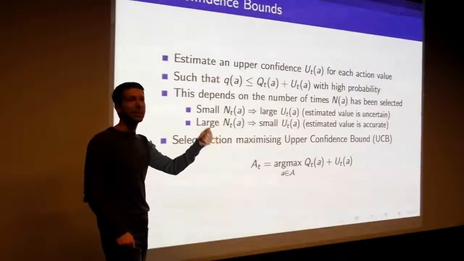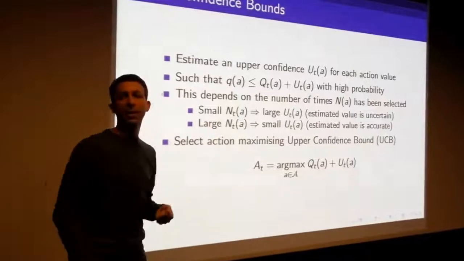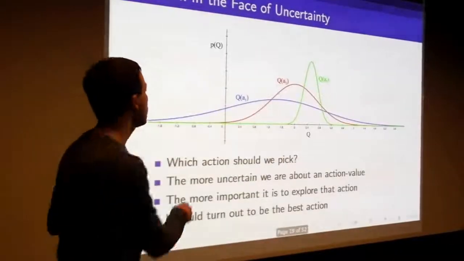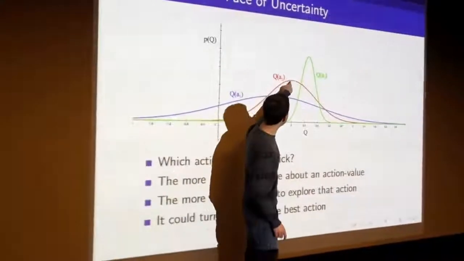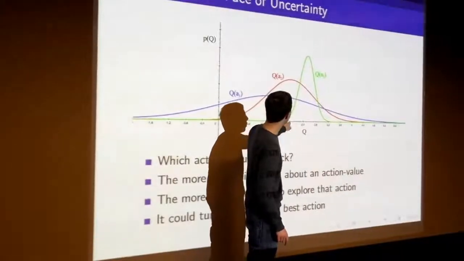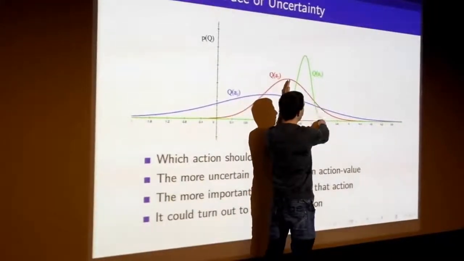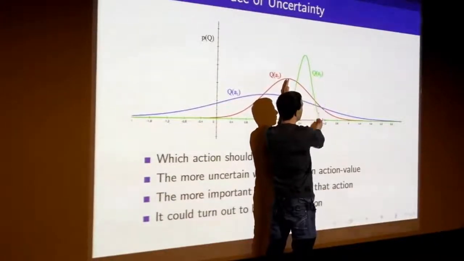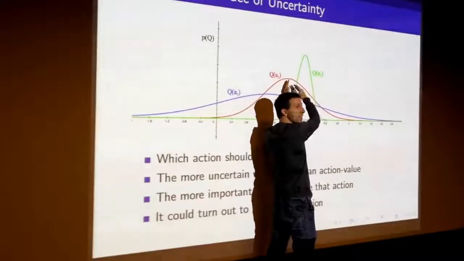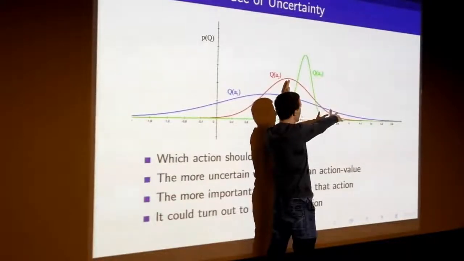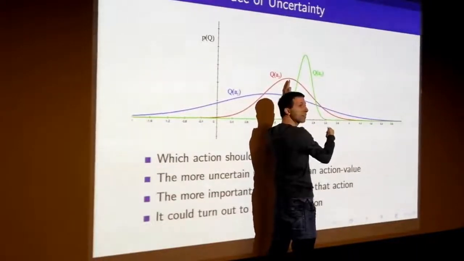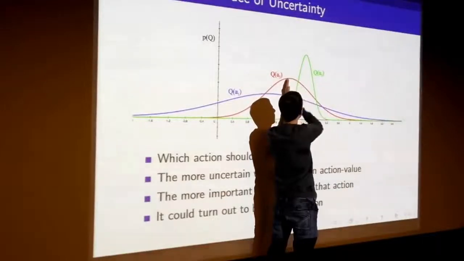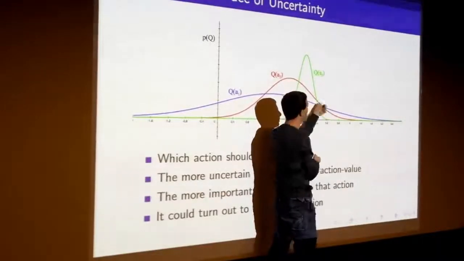Think of this as the tail of that distribution we just looked at. So for each of these things, we're not only going to estimate its Q value, its mean. We're also going to add on some bonus to this, which characterizes how big the tail is of that distribution. We're going to pick the thing with the highest sum of Q plus something which tells us about this tail.